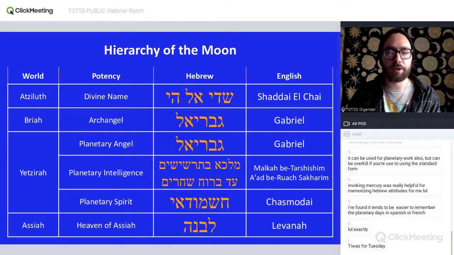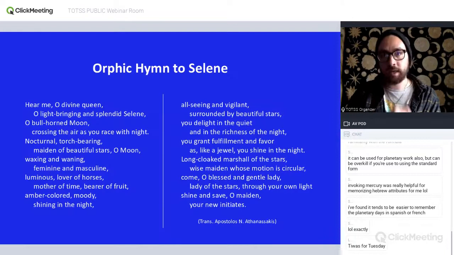Some of these names have really important gematria, the values that they add up to are symbolically tied to the planet's numbers. So this name was probably composed to add up to a specified value. And the planetary spirit Chasmodai, and the heaven of Shamayim is literally just the Hebrew word for the moon, which is Levanah.